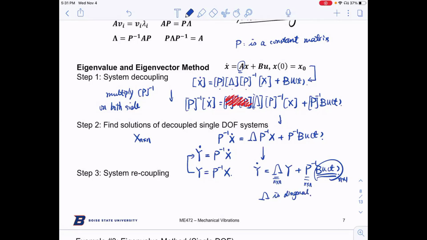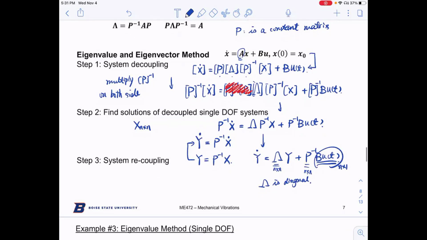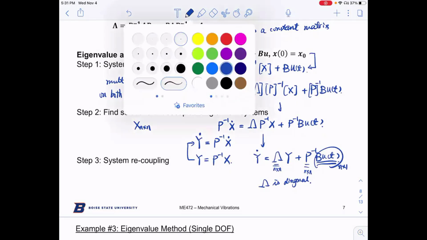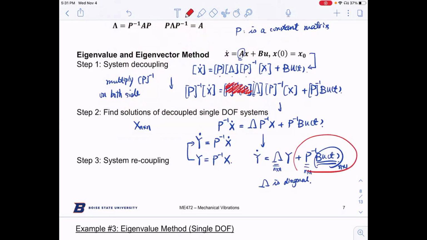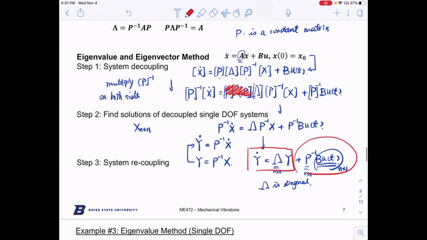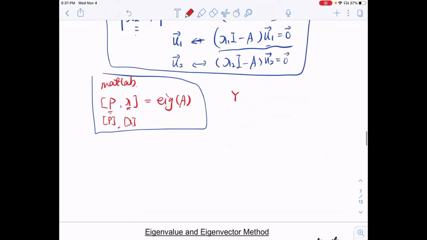So let's first forget about the last term. Let's just focus on the first part. We will have y dot equals lambda y.